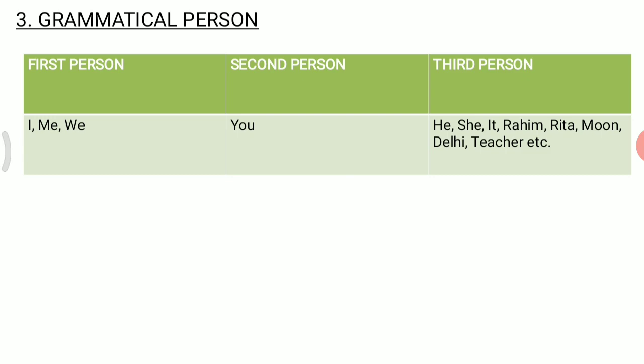And third person includes he, she, it, Rahim, Rita, Moon, Delhi, teacher, anything. Any subject you are talking about. Fine. So you just have to remember that in first person, you need to know I, me, and we. And second person is only you. And the rest of the subjects are your third person.